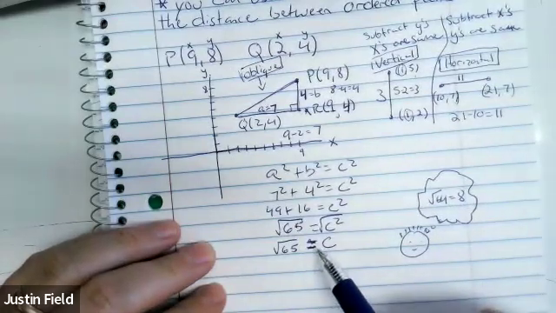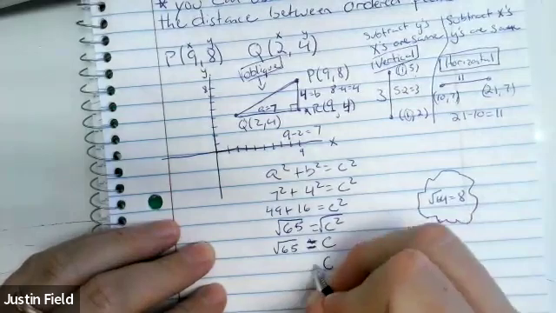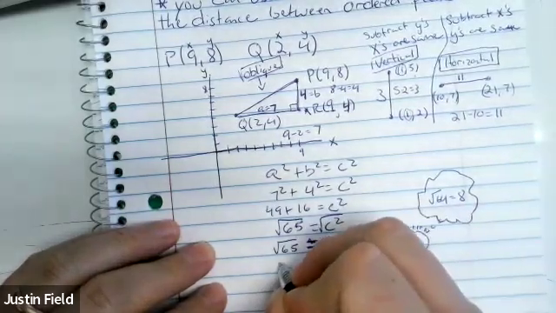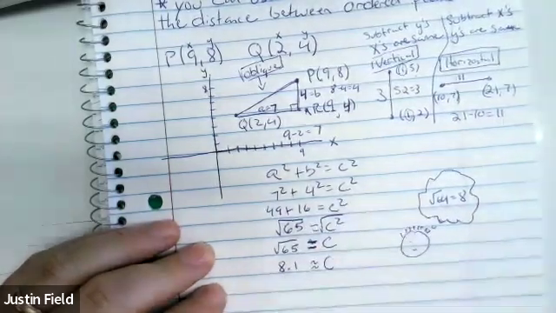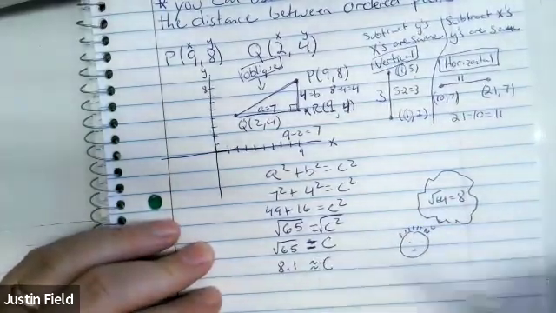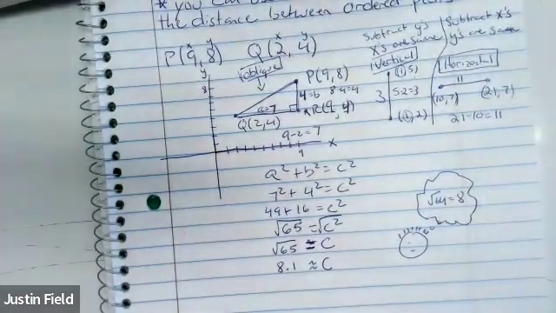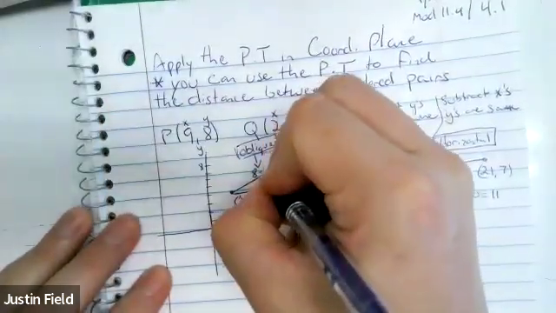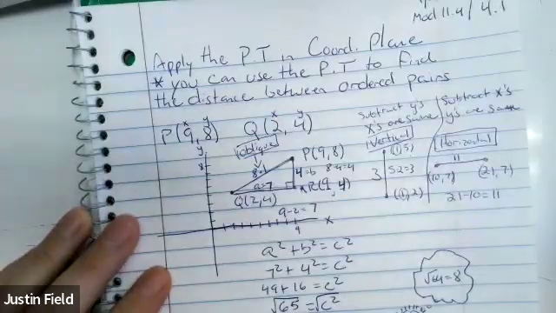So the square root of 65 is going to be approximately 8.1, right? Just a little bit more than 64. So anyway, that means that this segment is about 8.1 units long.